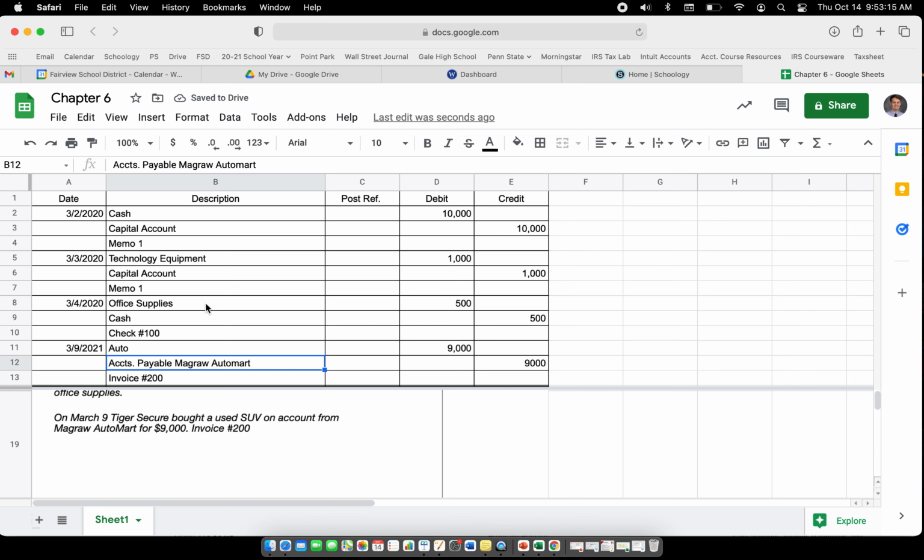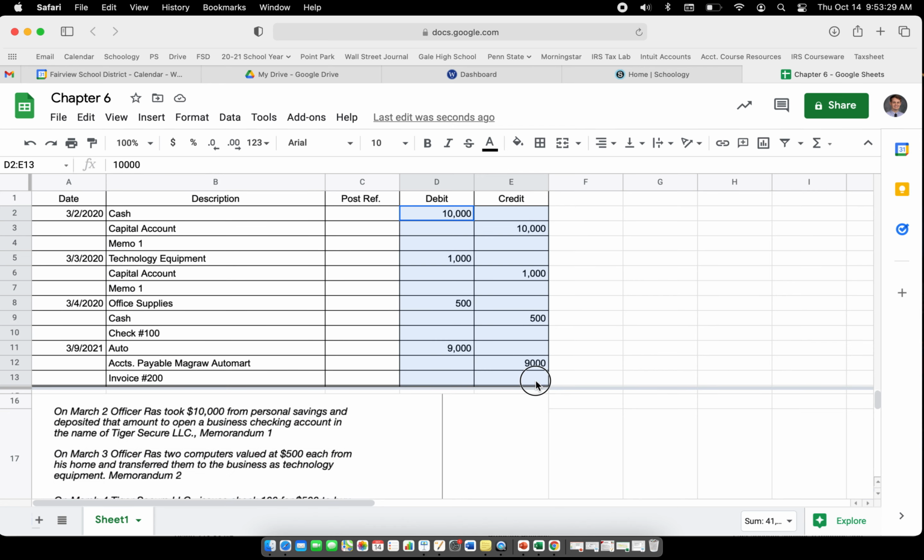So that's how we journalize in Excel. Remember, we always record the debits first. That kind of gives us an idea of which one is the beginning of a new transaction. And we can actually go in with Excel or Google Sheets and change the formatting of this by highlighting the cells and format as currency.